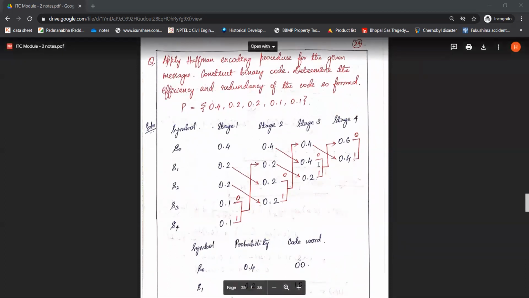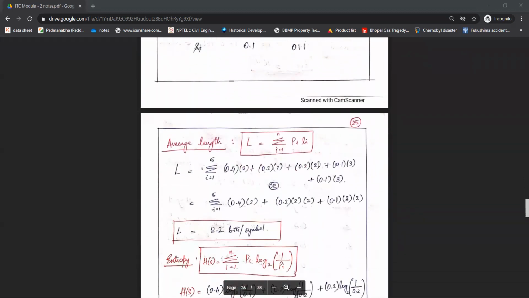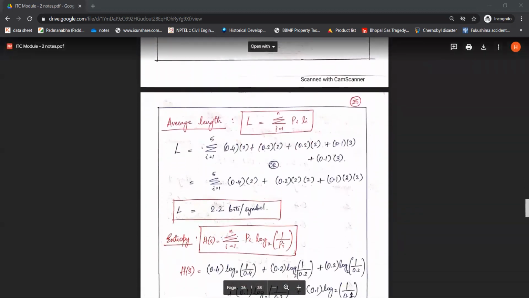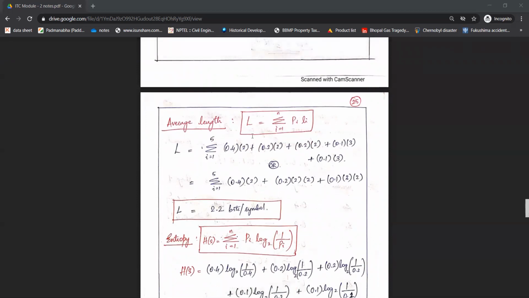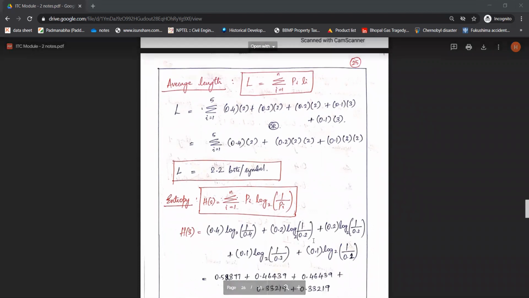And what they've asked to find is redundancy and efficiency. In order to find the efficiency, we need to find the entropy and the average length. The average length formula and the entropy formula remain the same, like how we used to calculate for Shannon-Fano encoding.